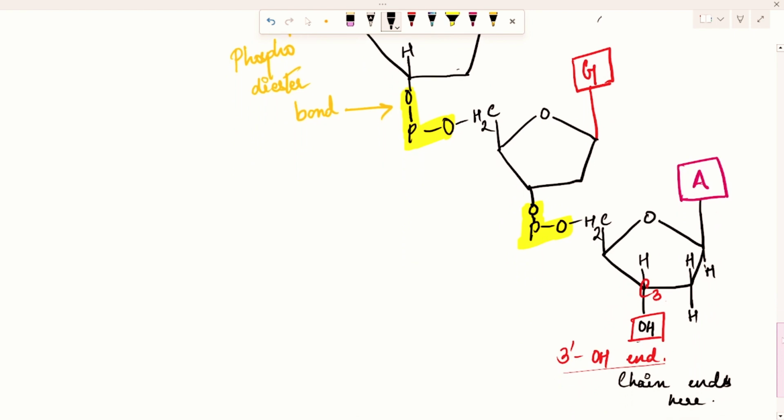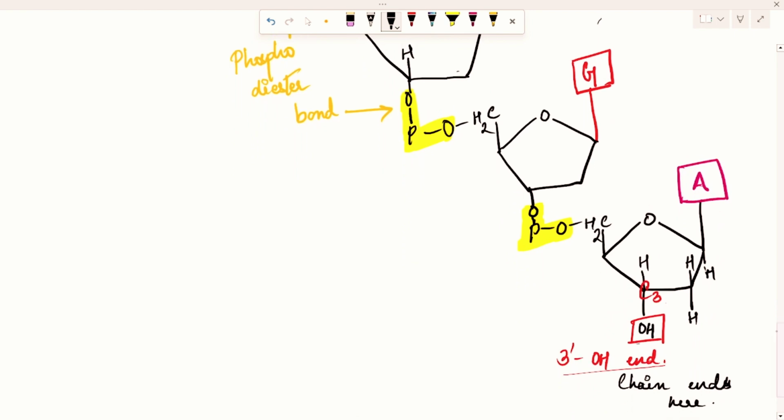Now, at the terminating region where the chain ends, no further successive nucleotide is there to form a phosphodiester bond. That's why this hydroxyl will remain as it is. This OH will remain as it is. This end is referred to as the 3' hydroxyl end. That's how the structure of a polynucleotide looks.